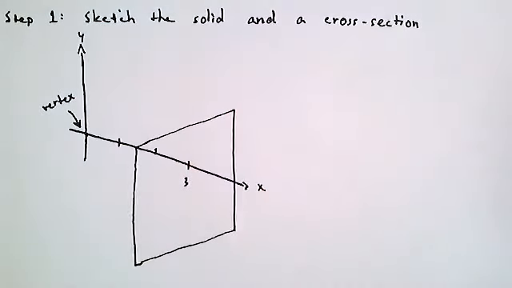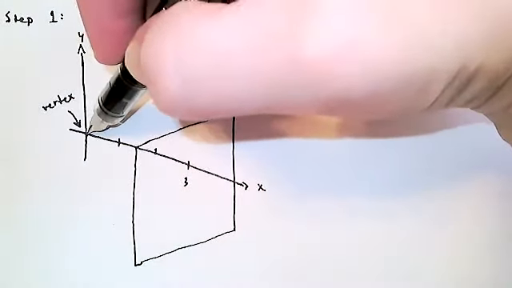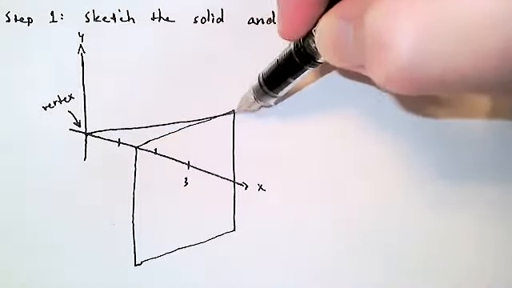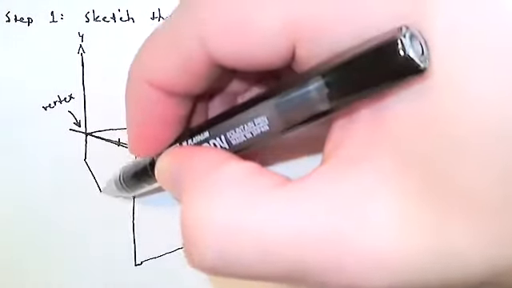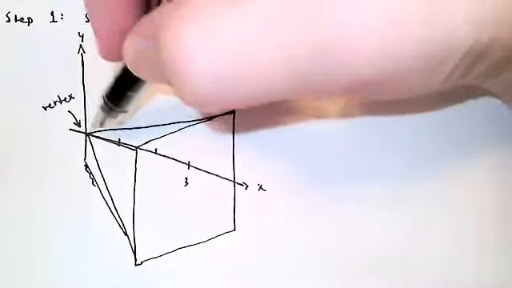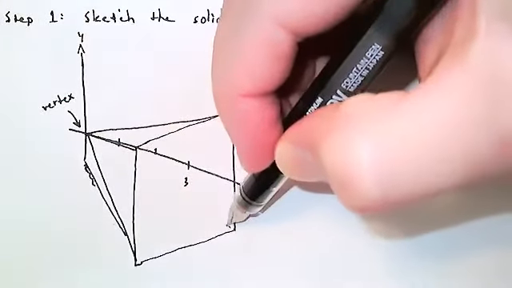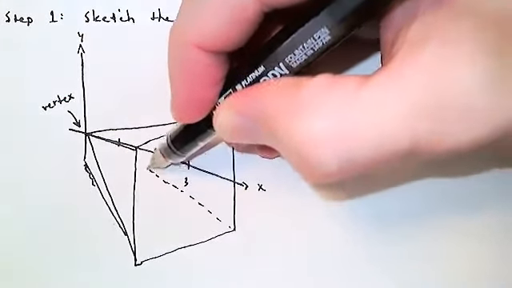Something like this. Oops. Excuse that extra line. And then the final line is actually hidden from us. It's behind the shape, so I'll draw it in a dotted line.